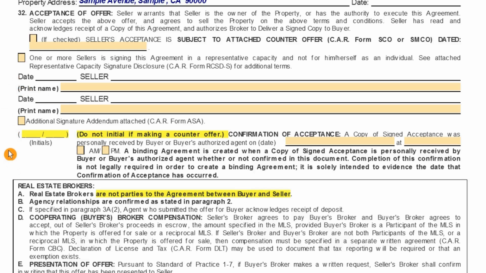And in this section, the confirmation of acceptance, this is where the buyer or their agent would initial to show that they received the accepted offer back from the seller.